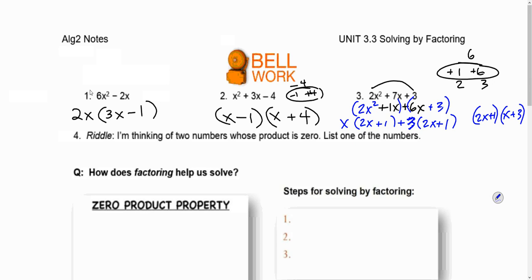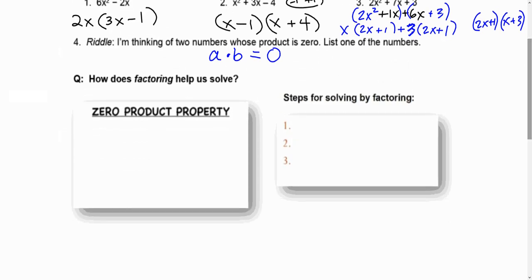So I'm asking you, if I have 2 things that are being multiplied, and we know that the result is 0, what can you tell me about one of those numbers? Yeah, one of them is 0. So that riddle right there is actually the 0 product property rule.